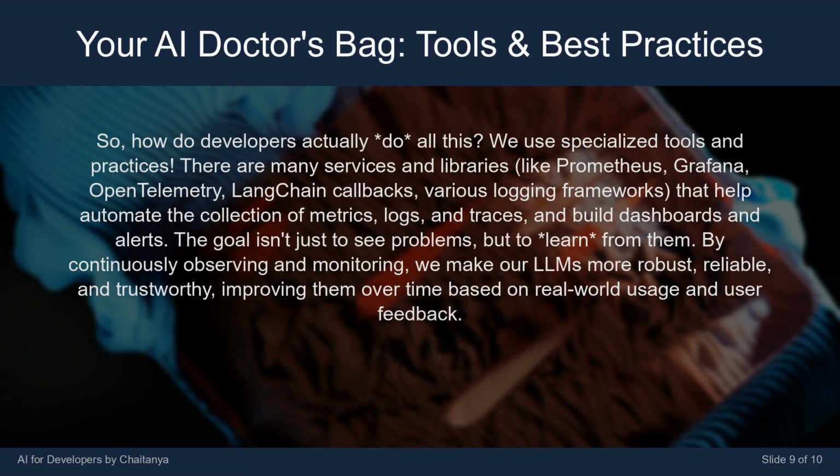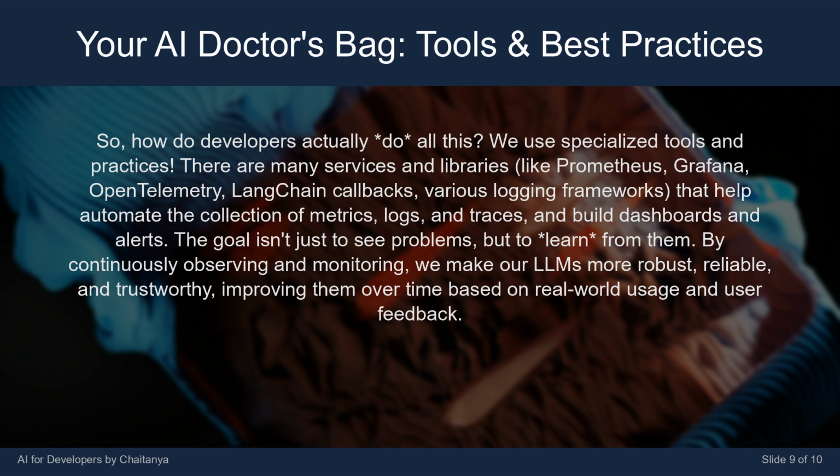So, how do developers actually do all this? We use specialized tools and practices. There are many services and libraries, like Prometheus, Grafana, OpenTelemetry, LangChain callbacks, and various logging frameworks that help automate the collection of metrics, logs, and traces, and build dashboards and alerts.